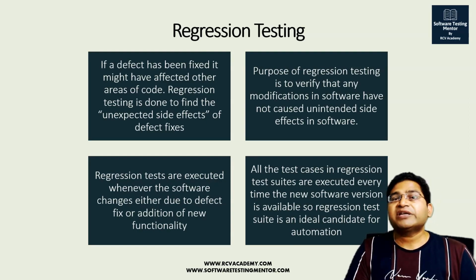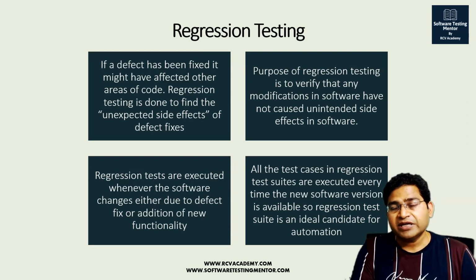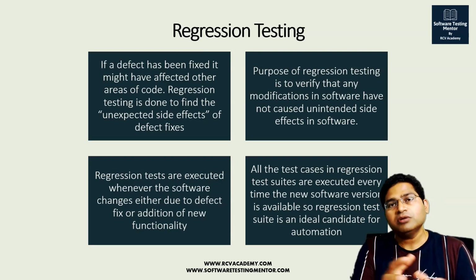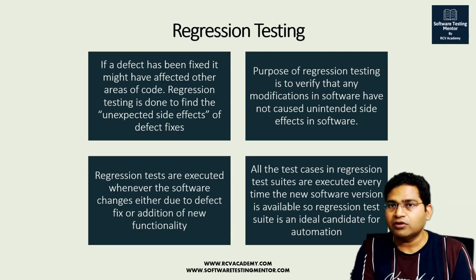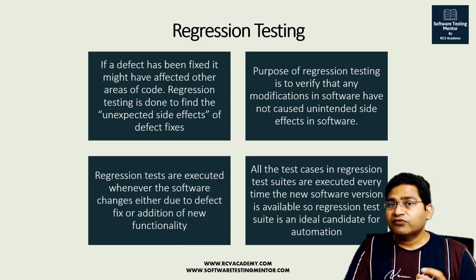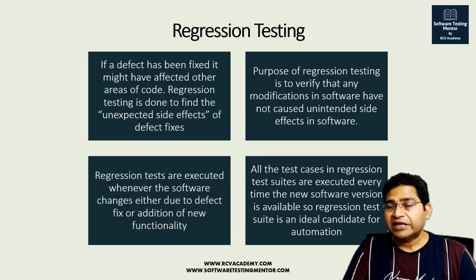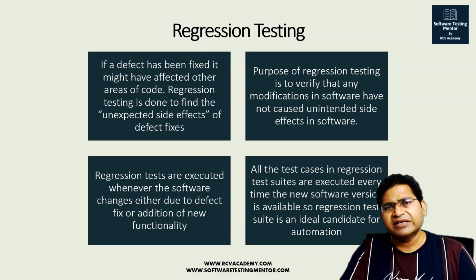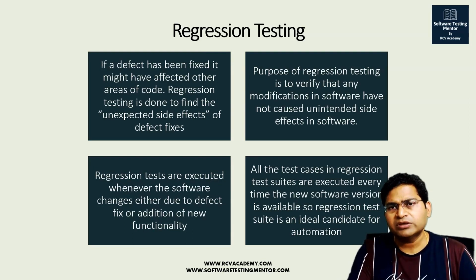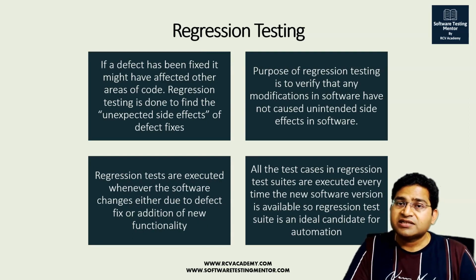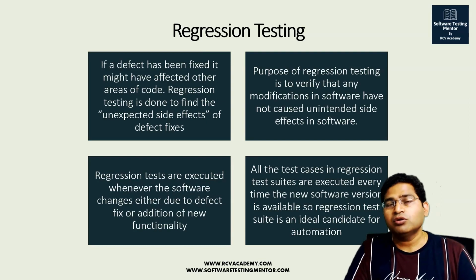So unexpected side effects could be possible, because the whole login module contains the overall code for every login functionality or every login possibility. So in that sort of case, an unexpected side effect might happen if there is a code that has been touched or updated that might have some relation with other areas of the module or the code.